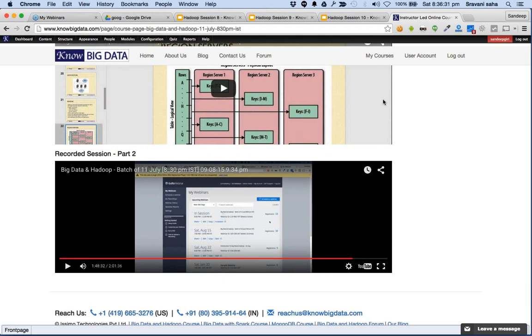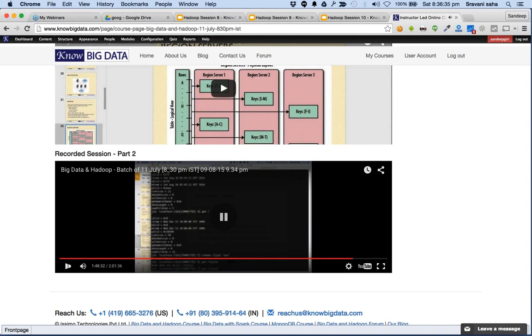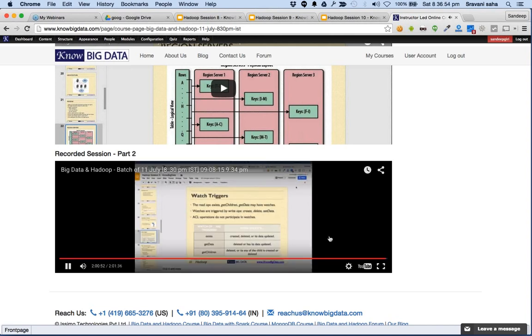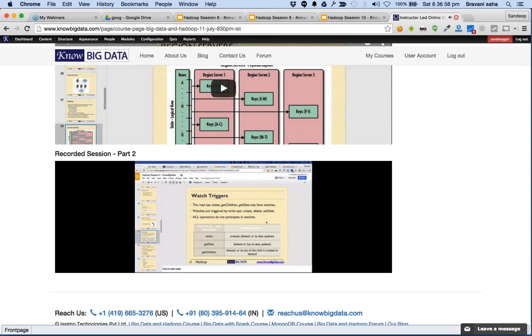Actually, there are two sessions running almost in parallel, morning and evening. So we were at watch triggers. Good.